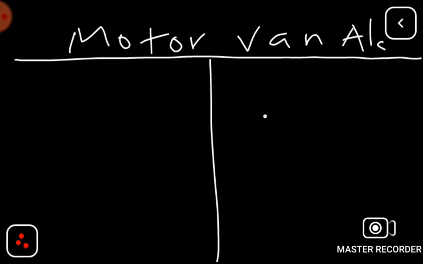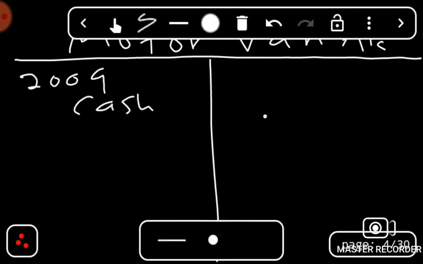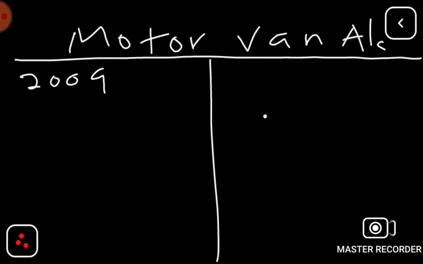Now, when you buy a motor van, we usually debit our motor van, right? So since we debit our motor van, we know that in 2009 we had, let's say, cash, and our motor van was worth 50,000.